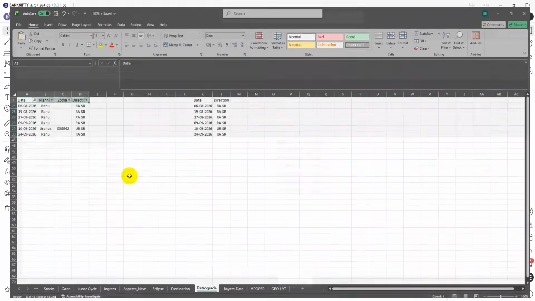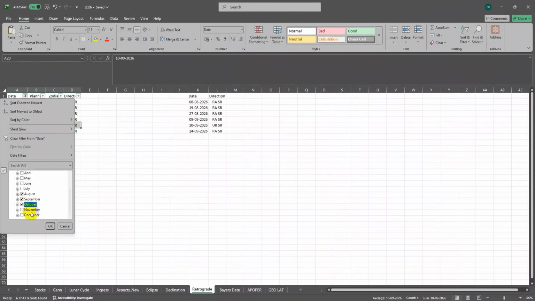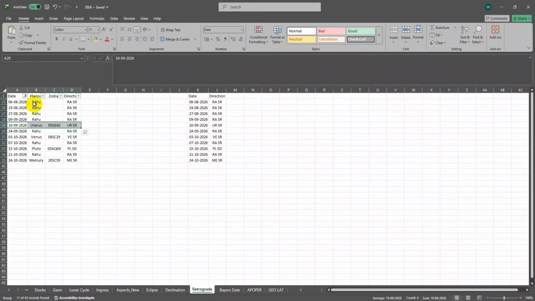Uranus is turning on 10th of September, which is very important, especially for IT stocks. Let me change to October also. Rahu keeps going retrograde and direct very frequently, and it leads to some big moves. Venus is also there, keep an eye on 3rd October for Bank Nifty. Mercury is again on 24th, a very, very important day for Nifty. You can make a note of these things.